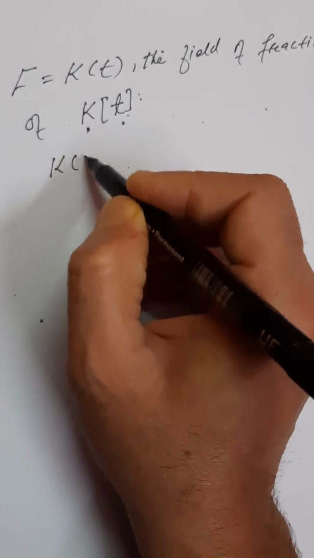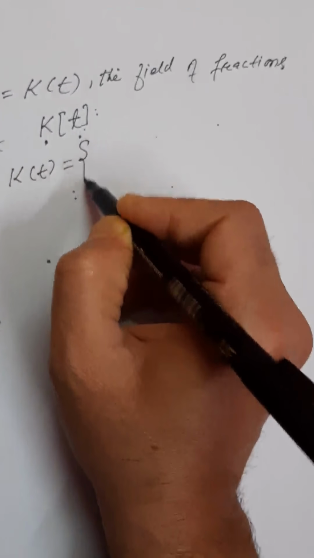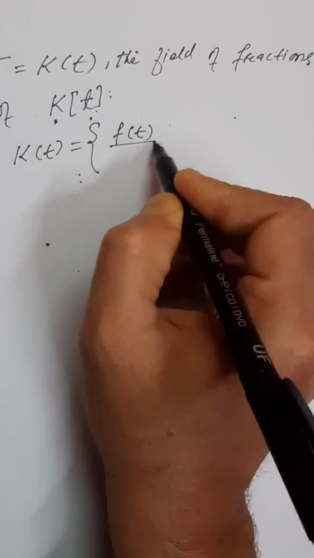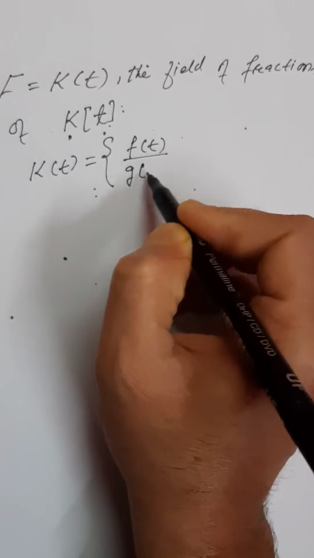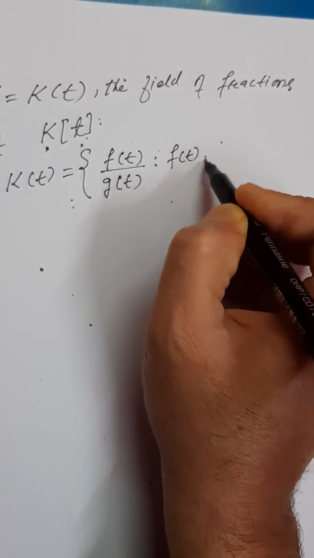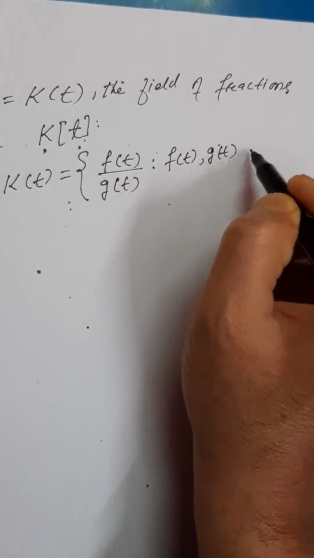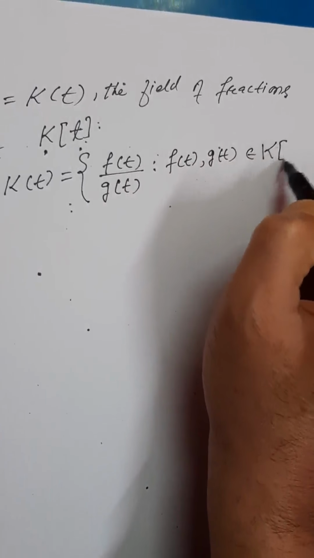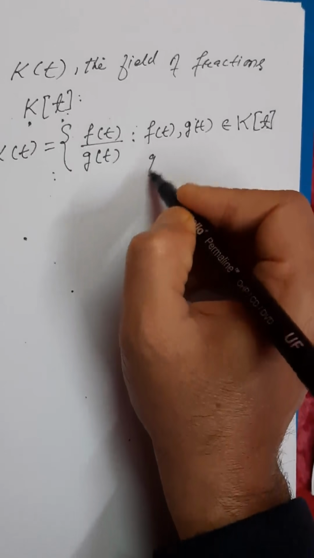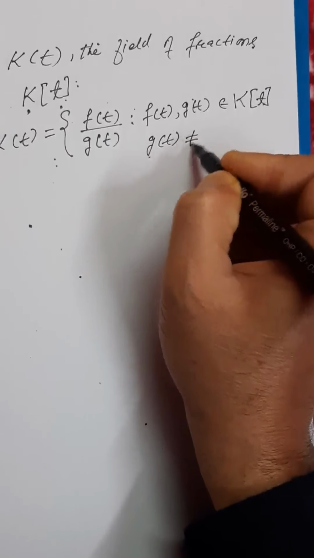So K(t) actually consists of rational polynomials f(t) over g(t), such that f(t) and g(t) belong to K[t], and this g(t) is non-zero.